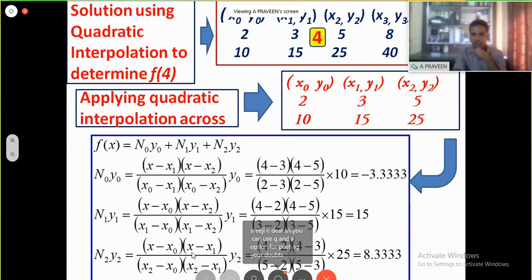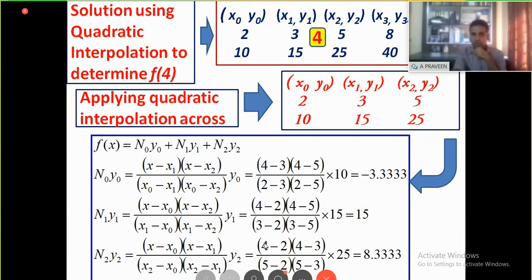The other is x minus x1, 4 is x and 3 is x1. Denominator you have 5 minus 2, because x2 is 5 and x0 is 2. So x2 minus x0 is 5 minus 2, and x2 minus x1 is 5 minus 3. And your y2 value is 25. Multiply 25, so you get it as 8.33.